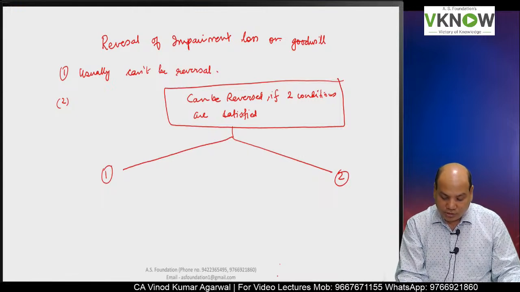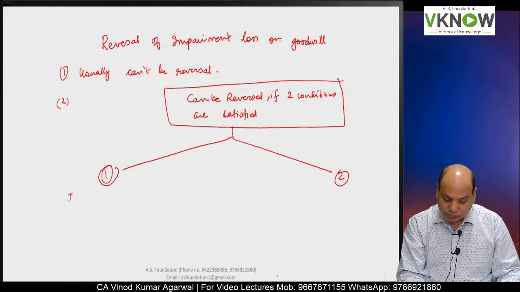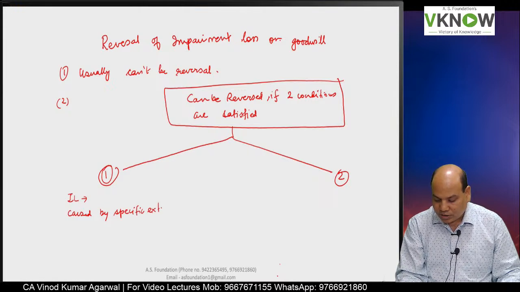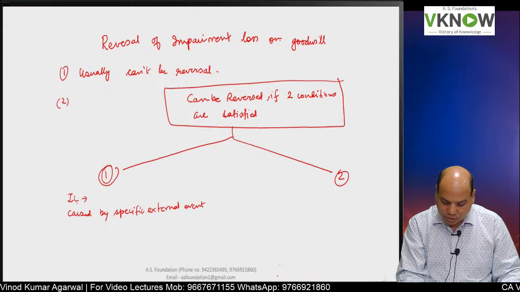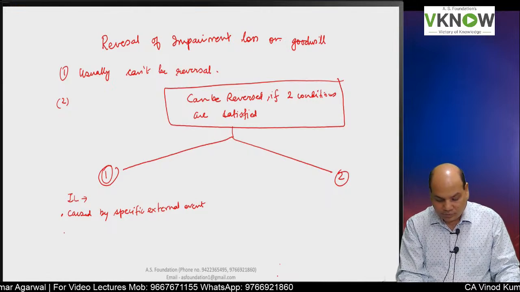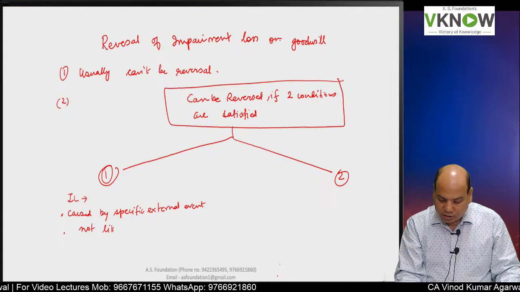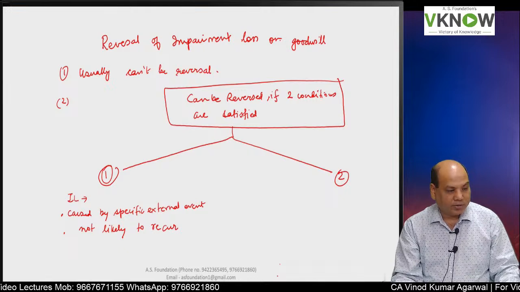So the first condition is that the impairment loss was caused by some specific external event, and it is not likely to recur, not likely to occur again.